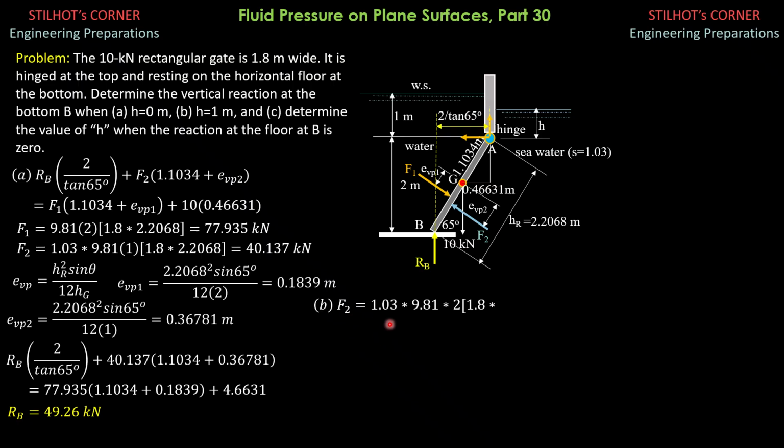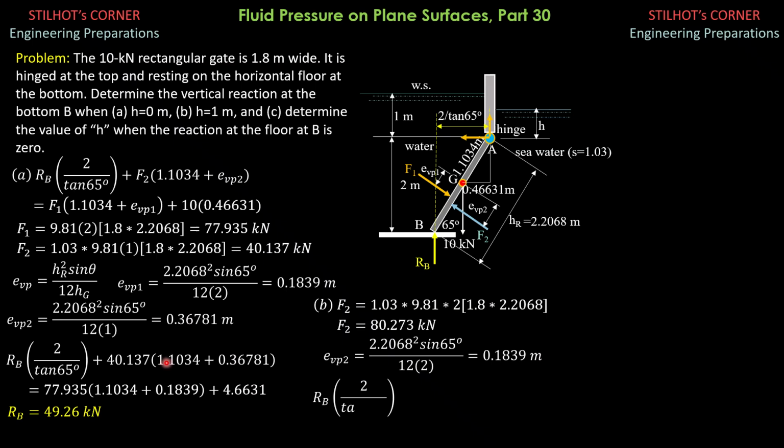So F2 is 1.03 times 9.81 times 2, area 1.8 times 2.2068. So F2 is 80.273 kilonewtons. So substitute in our working equation. EVP2, by the way, is expected 0.1839 because Hg is now 2. So substitute into this equation here.